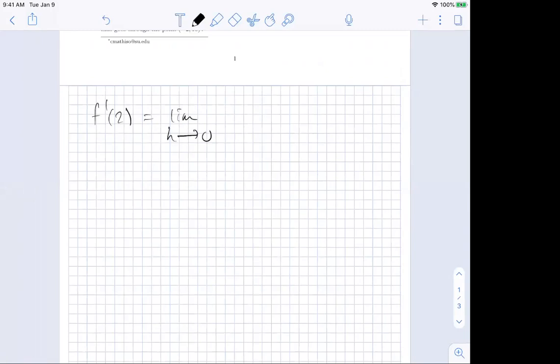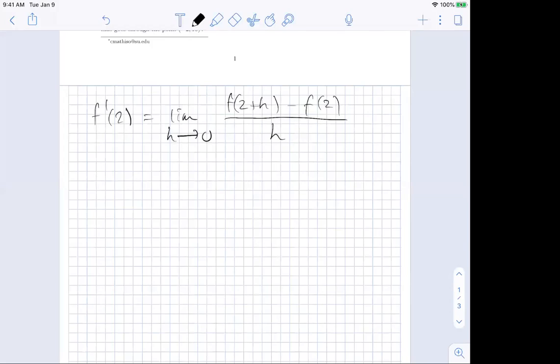Yes, f of, and for us, we're doing x is 2, right? 2 plus h minus f of 2. And what's this all divided by? H. Yeah, perfect. And remember, this came from the tangent line. We got the slope by looking at secant lines and taking the limit as the change in x got very, very small. Okay?